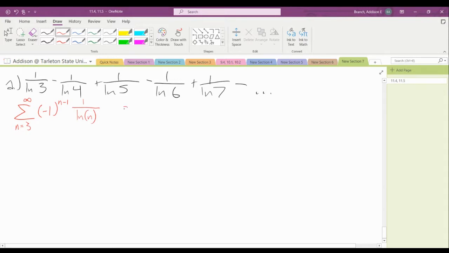You could also rewrite this by starting from 1 and doing -1 to the n minus 1 of 1 over natural log of n plus 2. Either way works. Let's actually go ahead and do this second one.